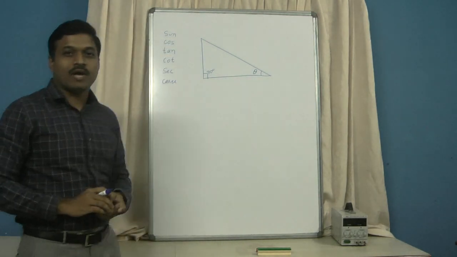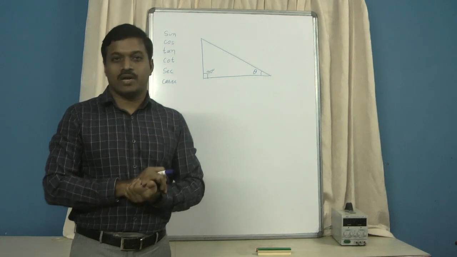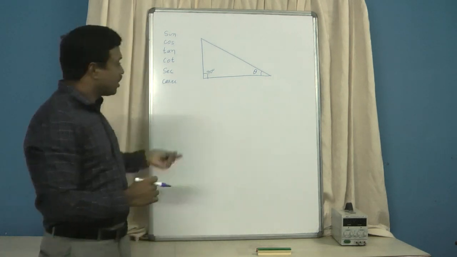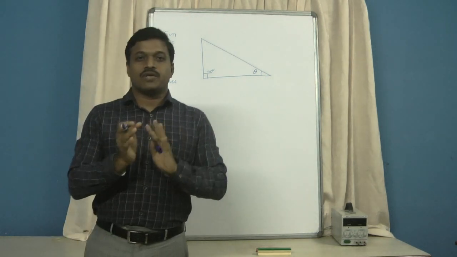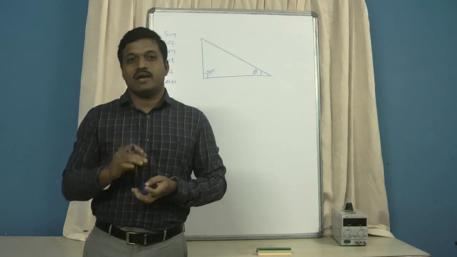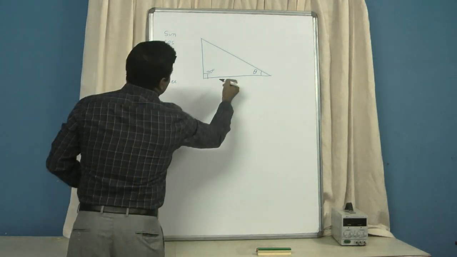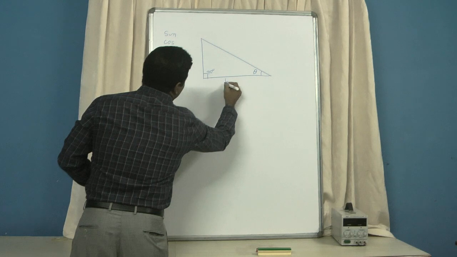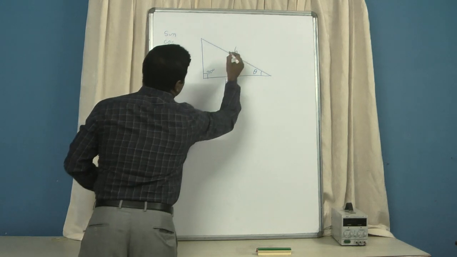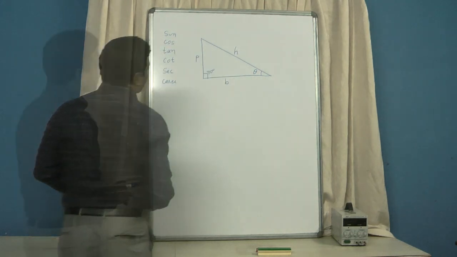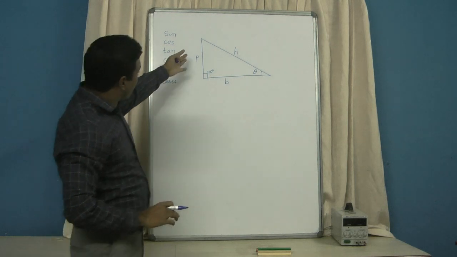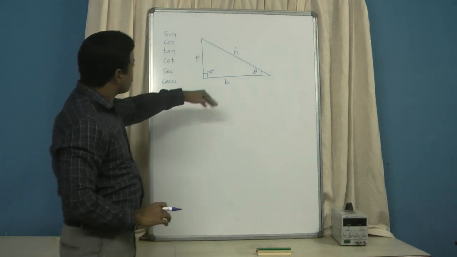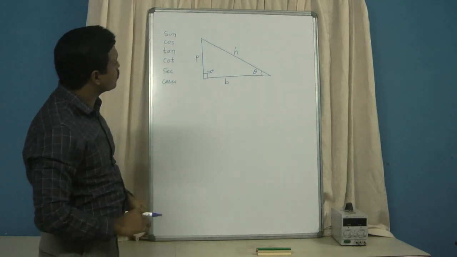Theta can take any value, but for a basic fundamental understanding of trigonometry, we'll consider the value of theta between 0 and 90 degree. In this triangle, this is base B, this is hypotenuse H, and this is the perpendicular P. Now we'll find what the ratios are and which functions correspond to them.